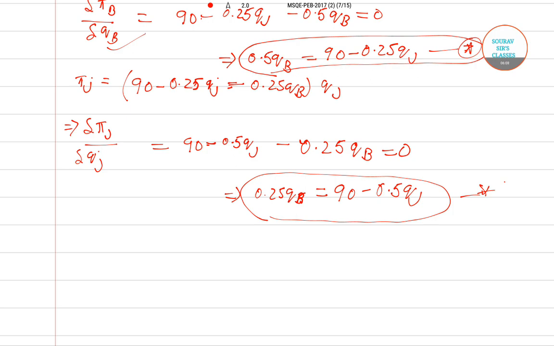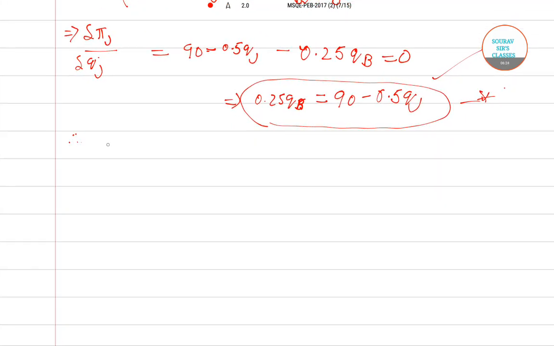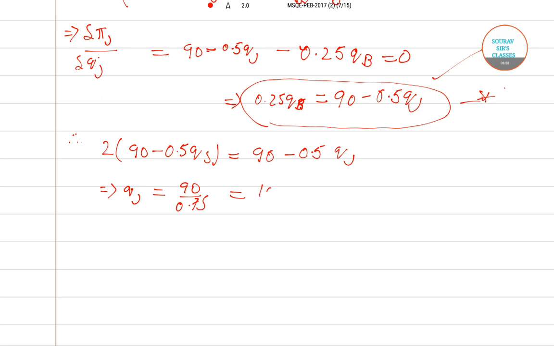Now simply, if you equate this equation with this equation, you will get 2 into 90 minus 0.5QJ equals 90 minus 0.5QJ. So now QJ equals 90 by 0.75, which is nothing but 9000 by 75.